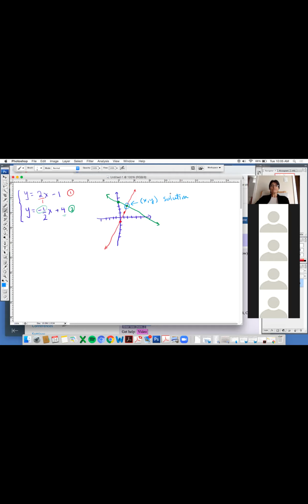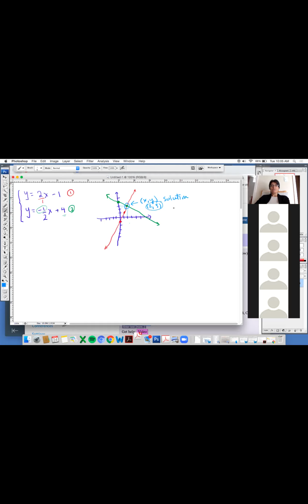All right. Okay, so graphically, if you draw the lines really nice, on a nice grid, you can read them. I'm sort of guesstimating that x is 2 and y is 3. Okay, but I'm not sure because I didn't draw my lines very well.